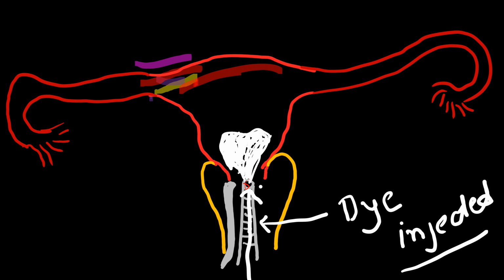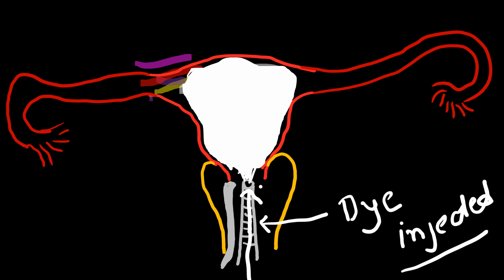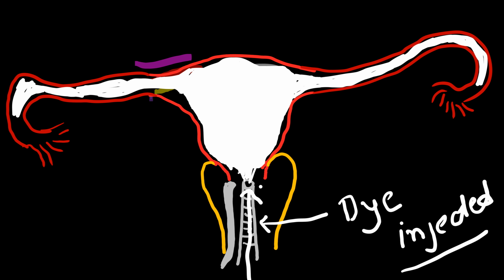Because the dye is radio-opaque and we are doing the procedure under fluoroscopic guidance, we will have images of this opaque dye that indicate the shape of the uterus. The dye passes through the uterus to the fallopian tube. The cavity of the fallopian tube is also captured in the fluoroscopic images.